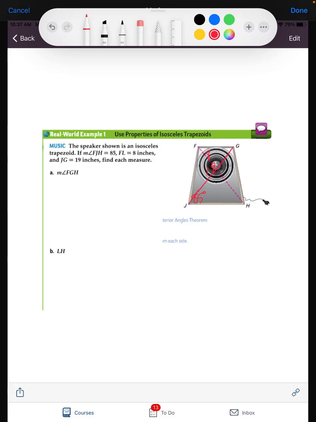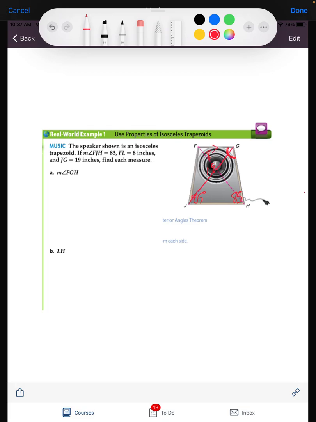So we know FJH is 85. And then if we want to find FGH, we want to find this angle right here. We can also say that GHJ is 85 because our base angles are congruent in an isosceles trapezoid.